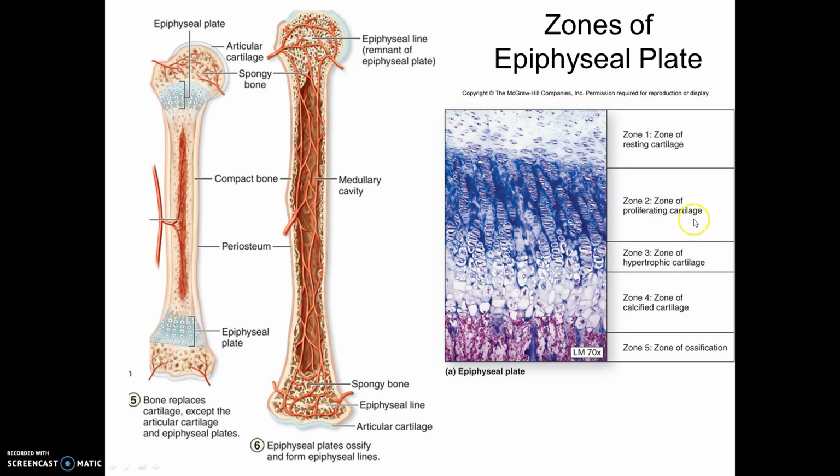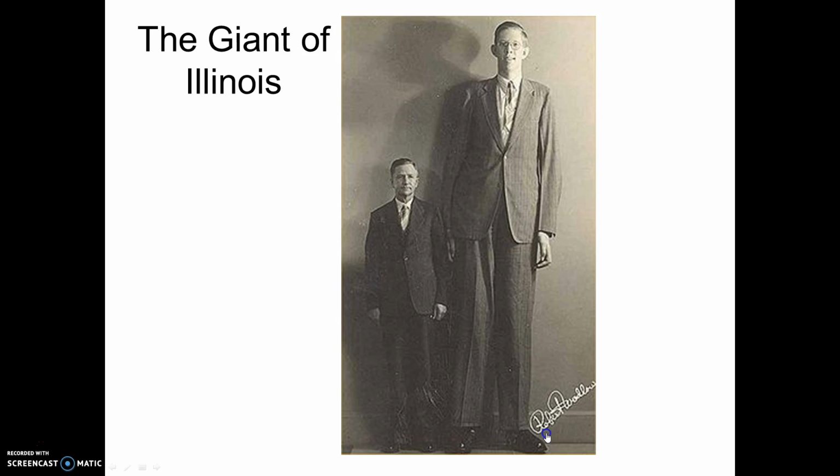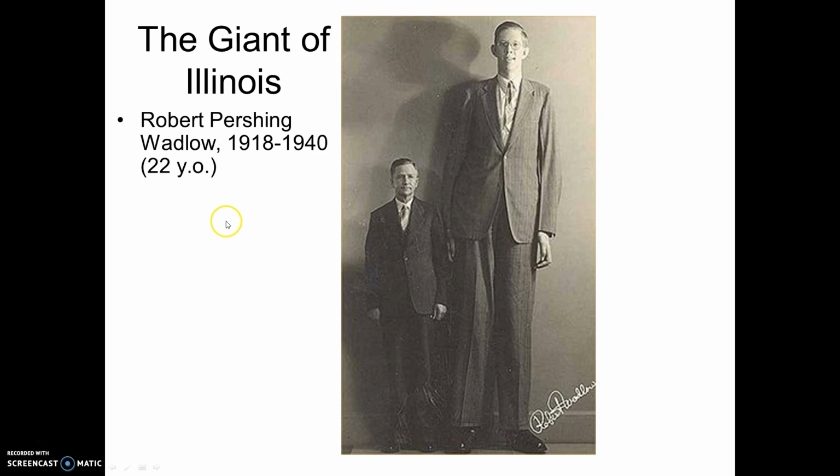Individuals with achondroplasia may be referred to as little people, and it is caused by a spontaneous mutation that is inherited from an autosomal dominant gene. Now this shows another example of an anomaly related to bone lengthening, which was the Giant of Illinois between 1918 and 1940. Robert Pershing Wadlow was considered the tallest man at that time.